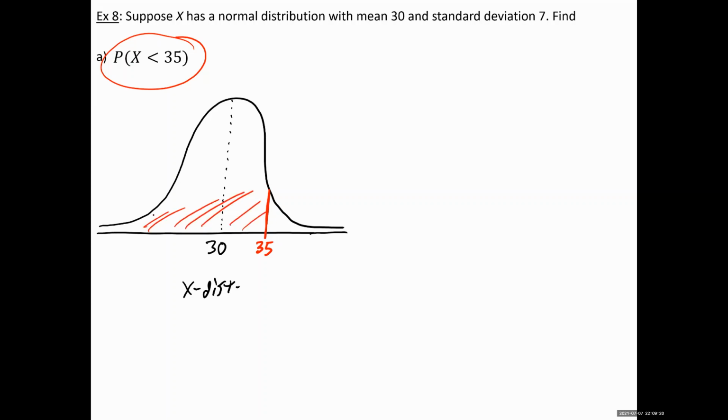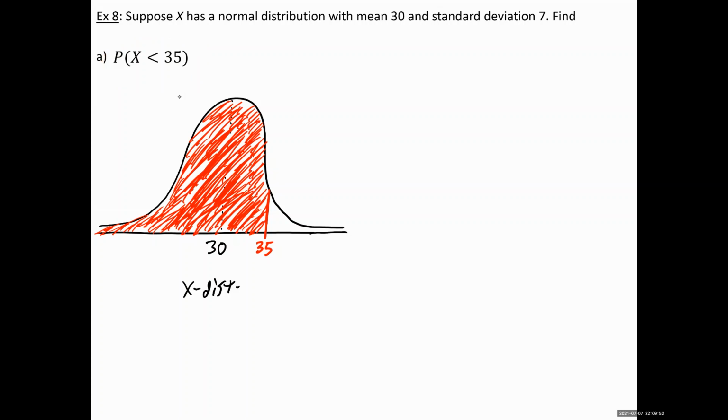And when you shade to the left, you shade forever to the left: under the curve, above the x-axis, to the left of 35 forever. And no matter what we do in the rest of this problem, I don't need any other pictures. I just always want to see a picture for the original question, and that's it. All right, so there's the picture. Any questions on the picture? Okay.